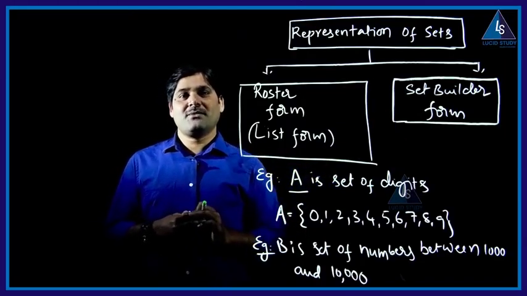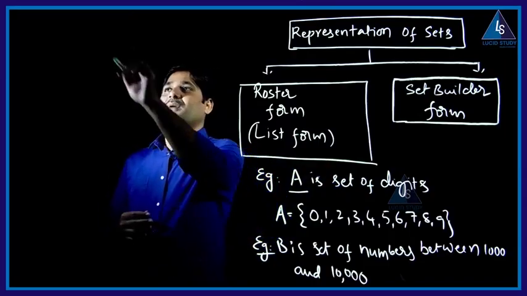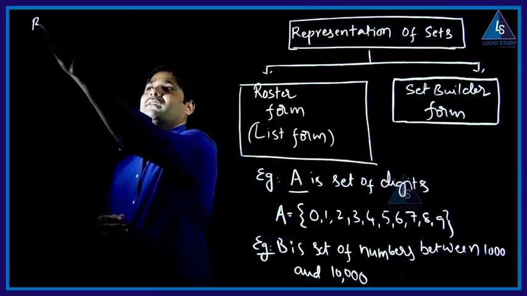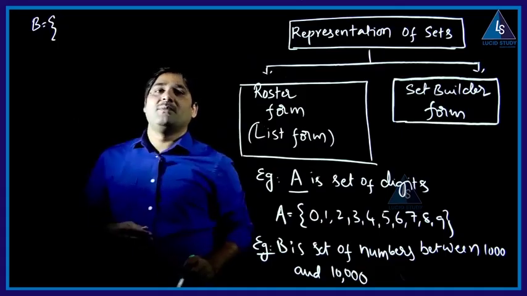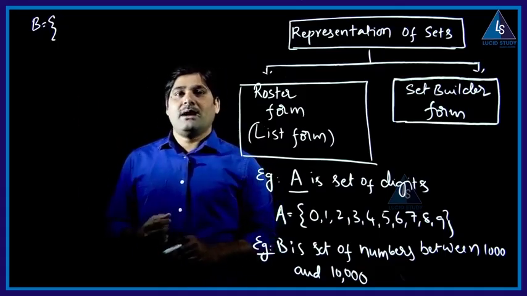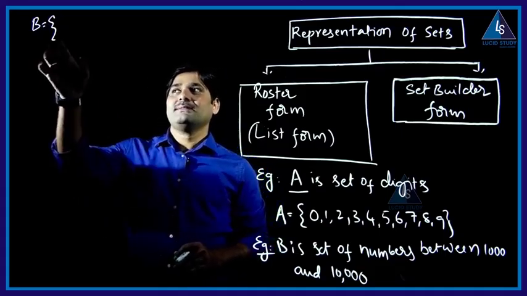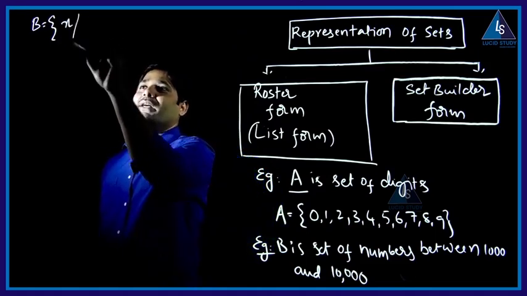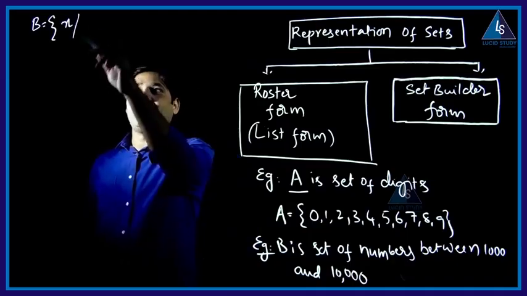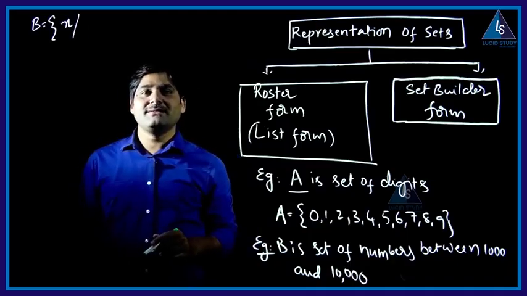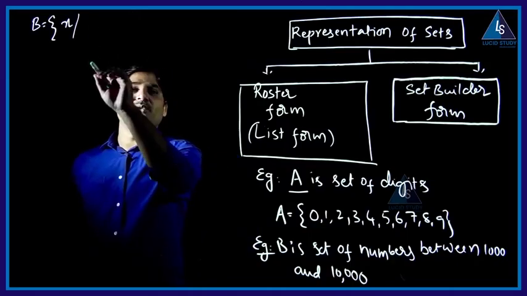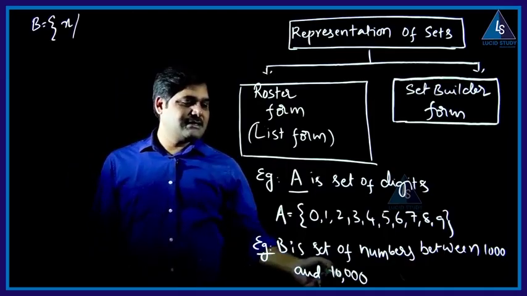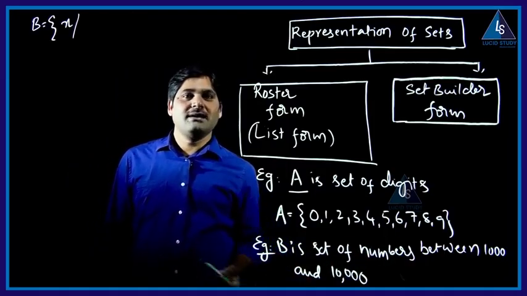So what is set builder form? Let us see. Set builder form will be written like this. B is equal to, here also the set will be represented with a capital letter. B is equal to the set of all variables x such that, this line will be read as "such that". What is the value of x here? x is between 1000 and 10,000.